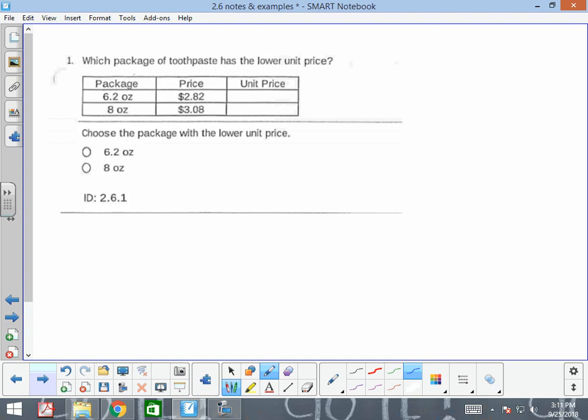In order to figure out the lower unit price, which we also call the best buy, we're going to take the price and divide it by the weight of the package. The weight of the first package is 6.2 ounces, and it is $2.82.